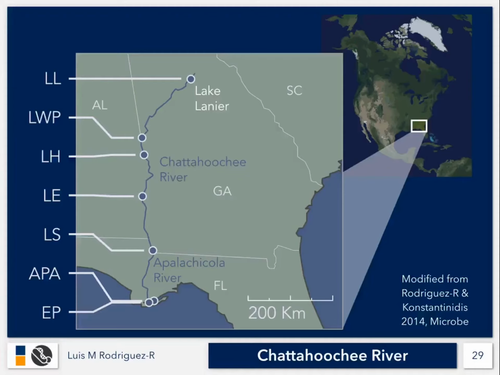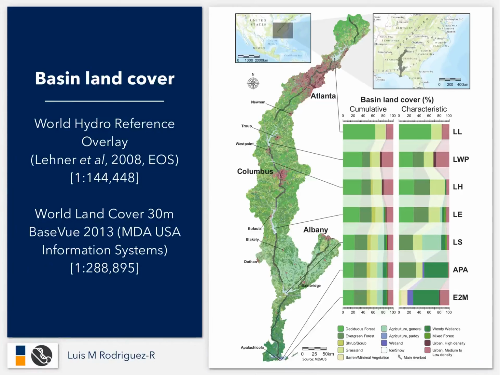To answer that question, we went to the Chattahoochee River, which is a river that covers much of the southeastern continental USA, and has a series of 5 lakes and 2 estuarine locations along the riverbed. Just to give you some context, this is the distribution of land cover in the basin of that riverbed. In general it's a very stable land cover.